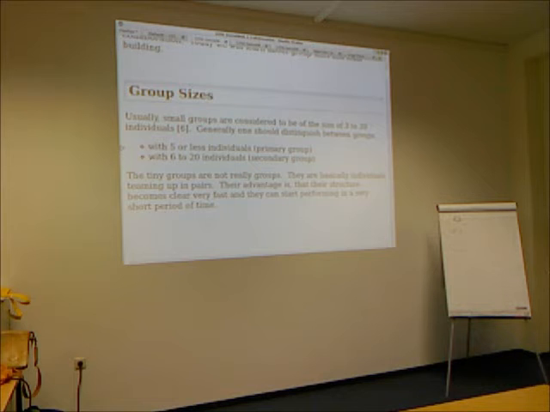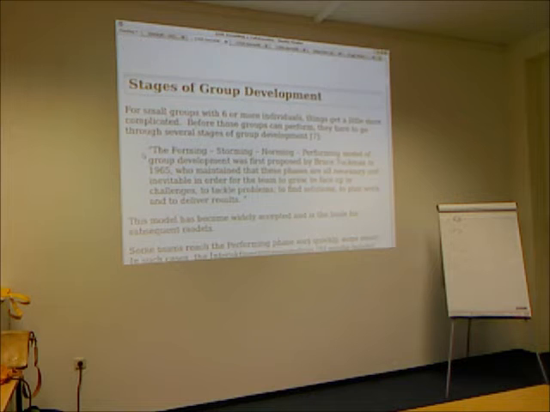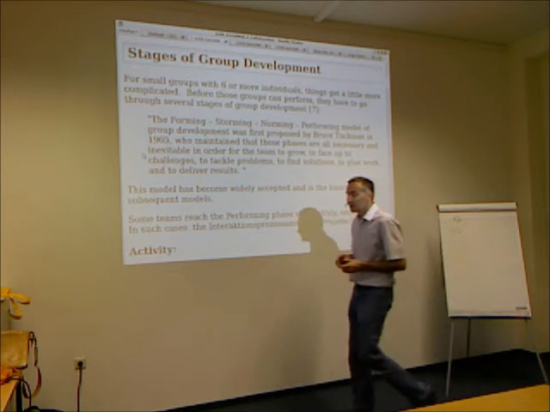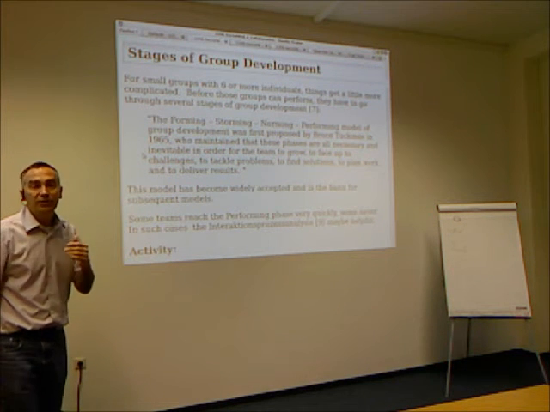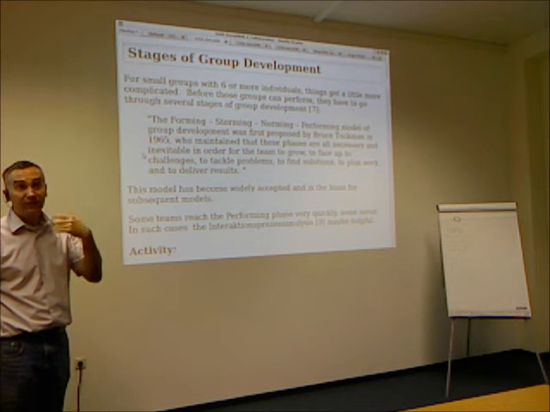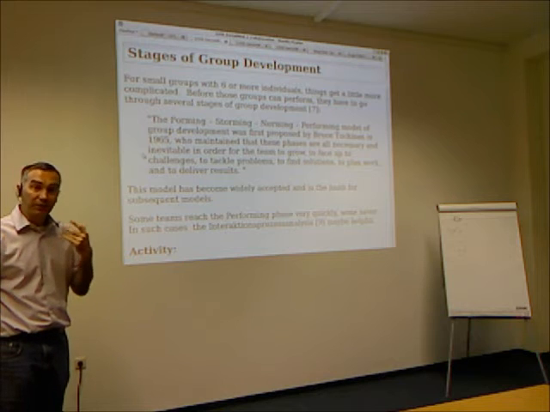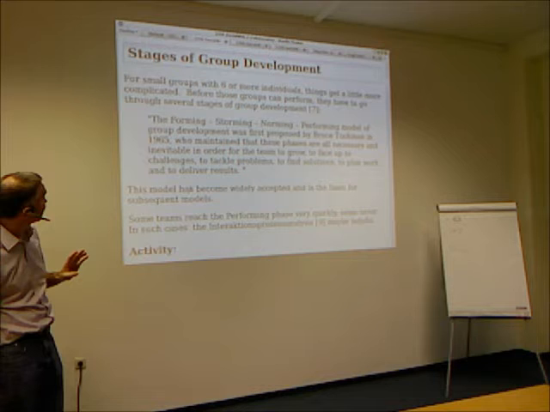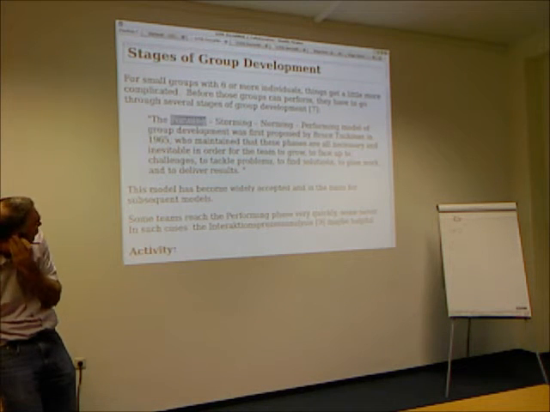So let's try that. And let's talk about these stages of group development. This is a theory that's quite accepted. And if you look in yourself, and if you remember groups that you have been in, or in the future when we do group forming, maybe here or in other classes, you will see that there are what we call 4 stages.